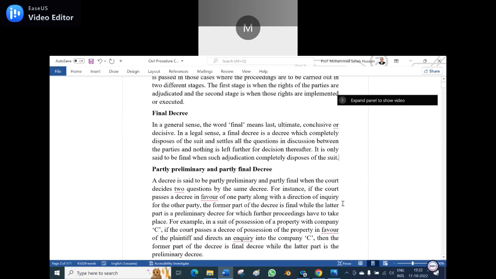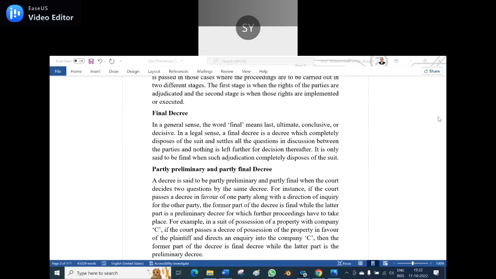After the final decree, does an aggrieved person have a right to appeal or not? Yes? No, sir, if it is a final decree, the appellate court will not be involved, so one cannot go to appeal. Yes, sir.